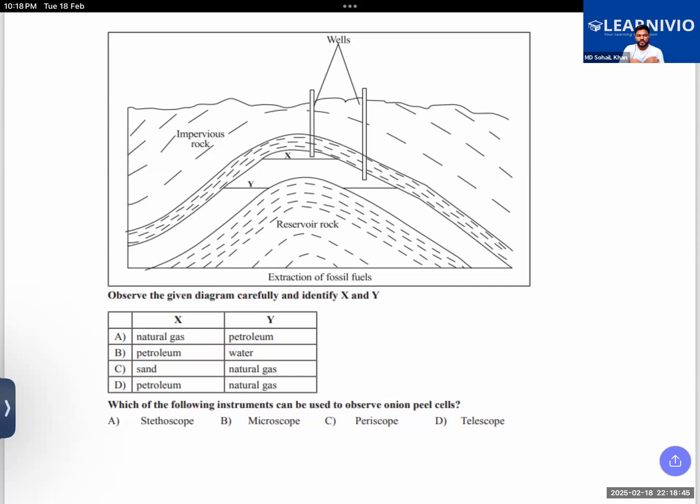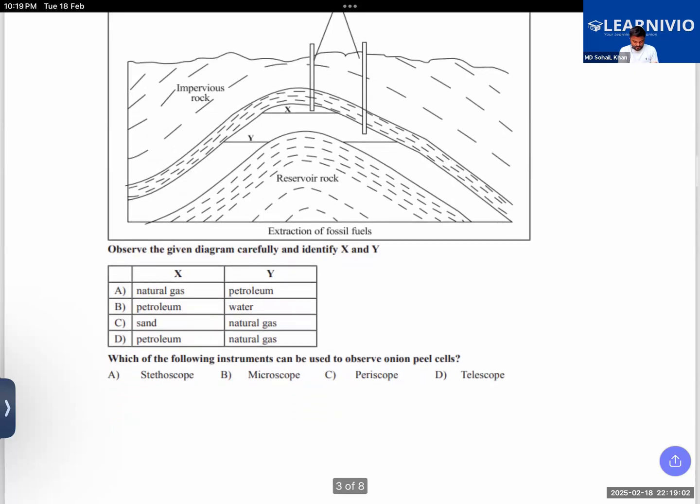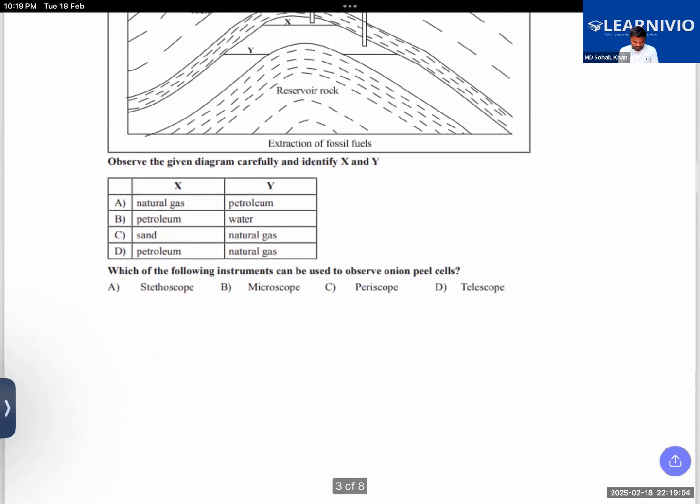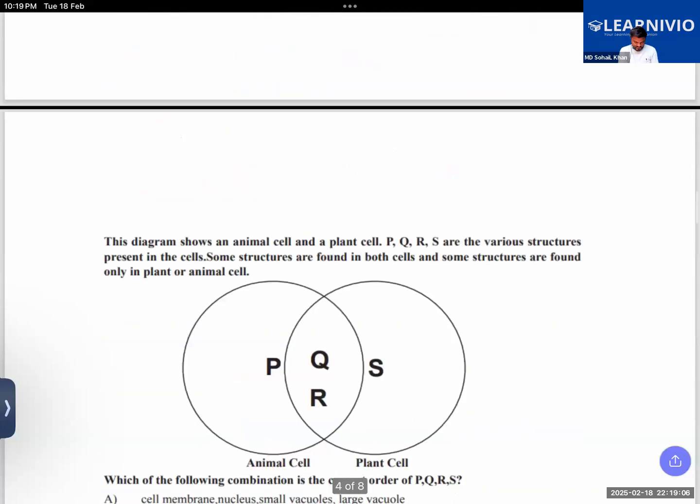No, petroleum. Okay. Water would be below Y. Water is going to be below Y. If there is water, it will be below because oil is less dense than water and gas is even less dense. Not this one, neither this one.